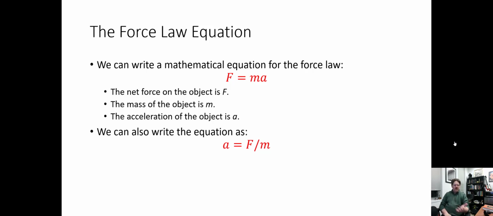Now, in this slide, I refer to F as the net force. That's cheating a little bit. Net force really is when you add all of the different forces acting upon a certain object. So my cell phone is sitting here on the desk. My cell phone has a net force of 0, but that is because there are two forces acting on it.